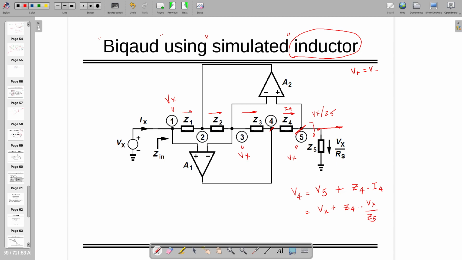Once you are solving in your head. Node at 4, yeah. V4 is equal to V5 plus the current flowing through that. That's the current equation, so that is also correct.